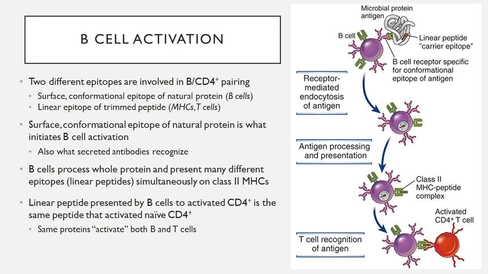That way they have a better chance of presenting whatever magical peptide sequence that is, while simultaneously expressing all other short little peptide sequences that are made up of that larger protein. So in this particular scenario, the same overall protein activated both B and T cells, even though the epitope was different for the two respective cells.